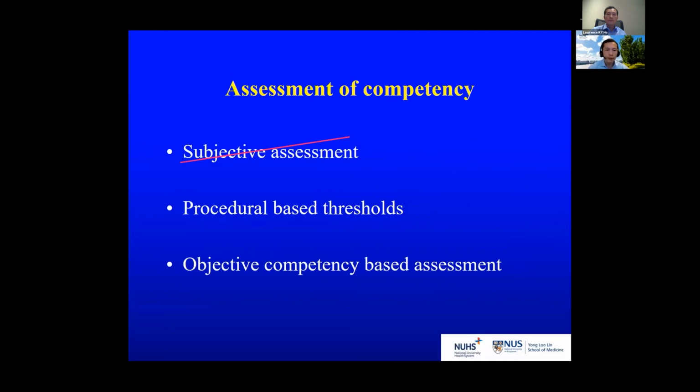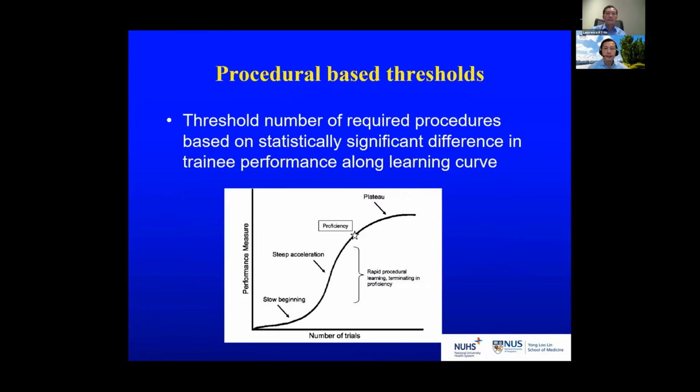I'd like to spend a bit of time talking about these two methods. One is the so-called procedural-based thresholds, and the other is the more objective competency-based assessment. The concept of procedural-based threshold is quite commonly employed.